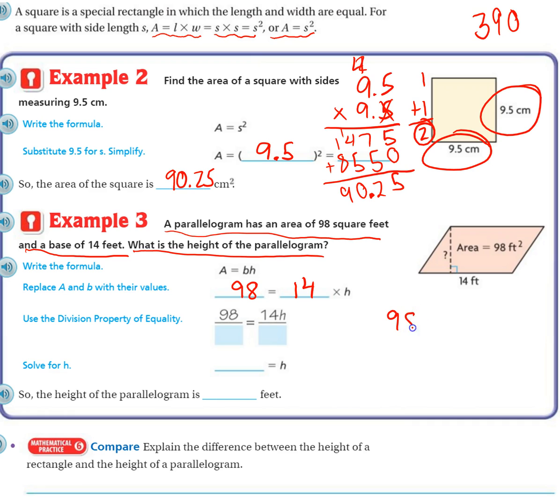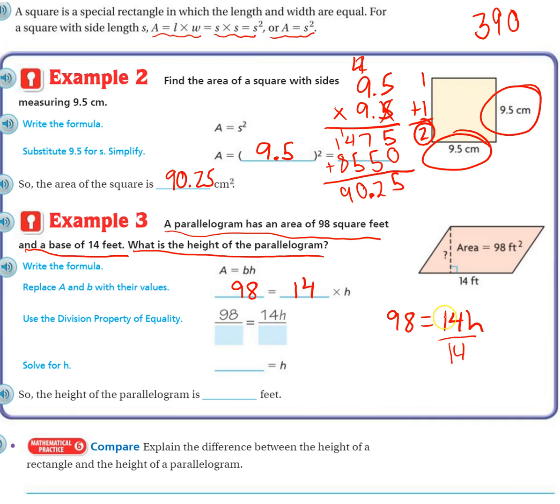So what you have is 98 equals 14h, and now we're just trying to get that h by itself. 14 with an h right next to it is multiplication, so we need to do the inverse operation to get that h by itself. The opposite of multiplication would be division, and what do you divide by? That exact same number to get rid of it.